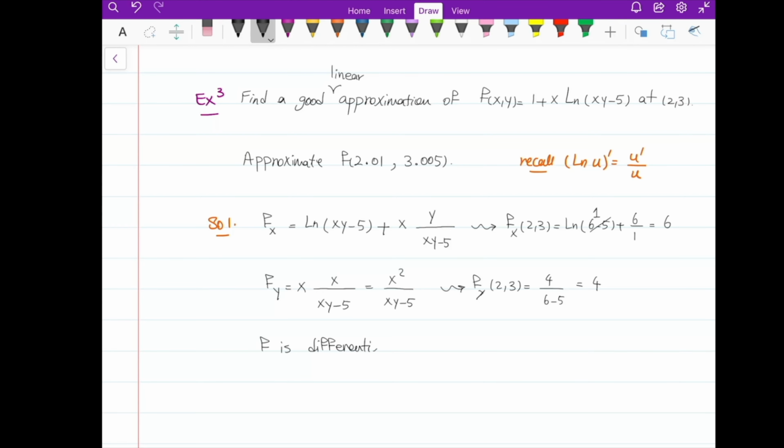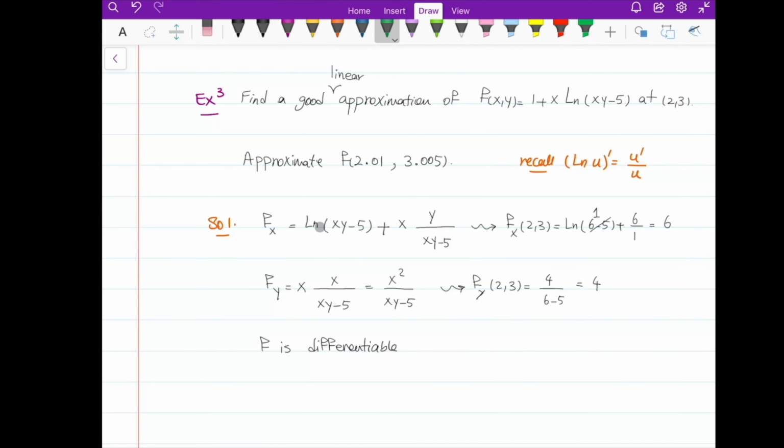Just because we saw in the other video that if the partial derivatives exist and are both continuous in a neighborhood of the point (2, 3), then f is differentiable. Okay, let's look at that.